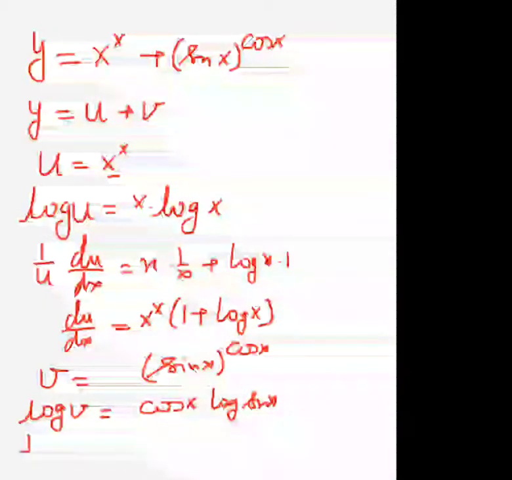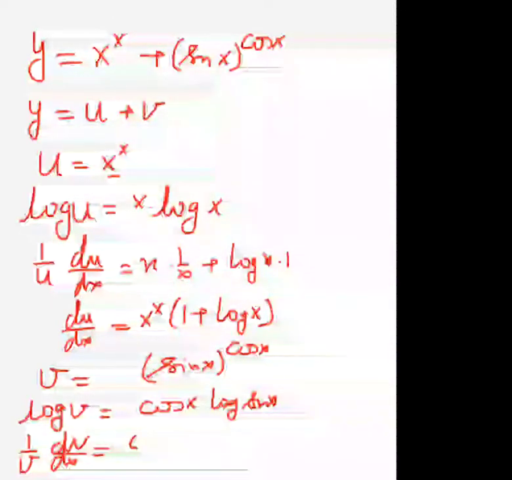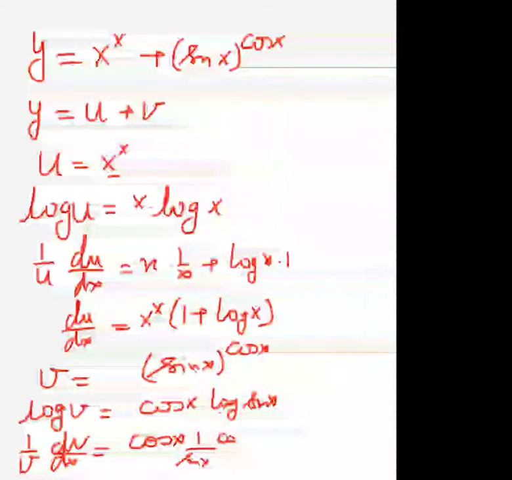Differentiation: 1 upon v dv upon dx will be equal to cos x into differentiation of log sin x, which is 1 upon sin x, then the differentiation of sin x, which is cos x, plus second function log sin x, and the differentiation of cos x will be minus sin x.